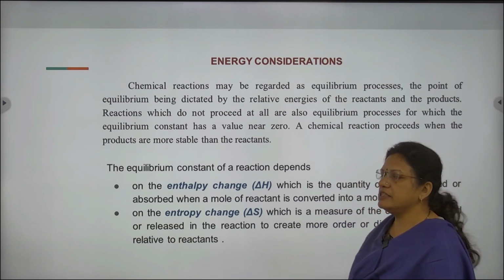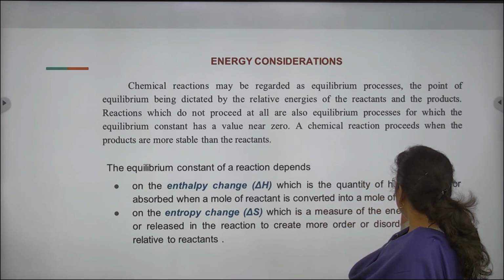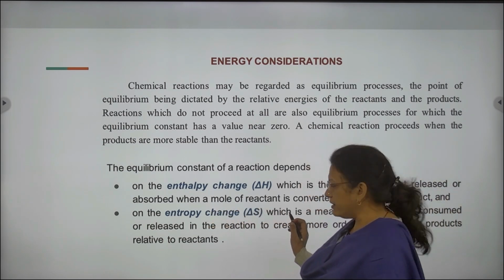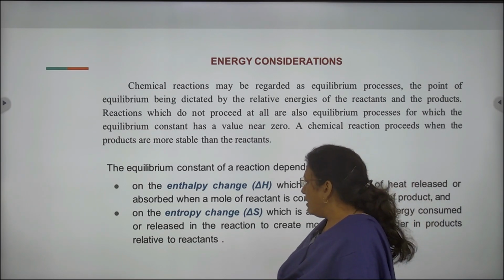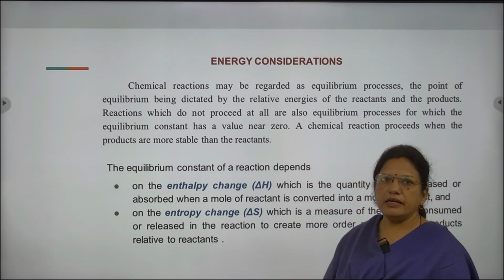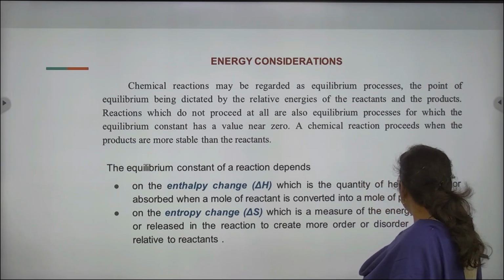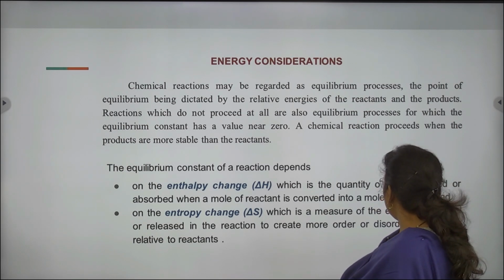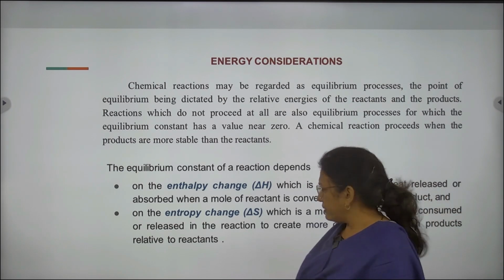Enthalpy change is represented by delta H, which is the quantity of heat released or absorbed when a mole of reactant is converted into a mole of products. And the entropy change is represented by delta S, which is a measure of the energy consumed or released in the reaction to create more order or disorder in products relative to reactants.